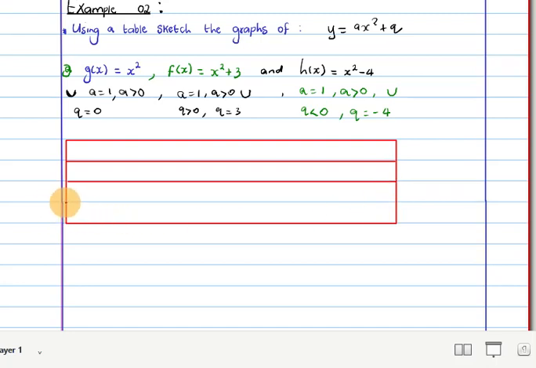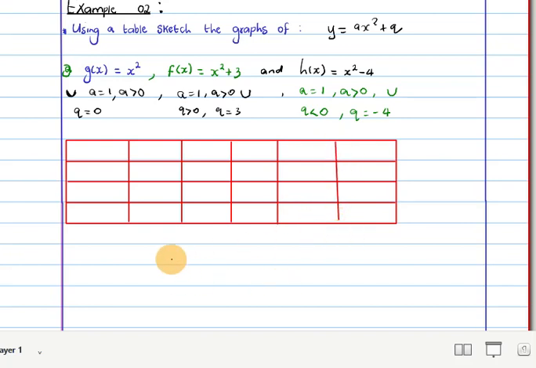This is my table. Say -2 here, -1 here, 0. For simplicity, let me avoid having more inputs.